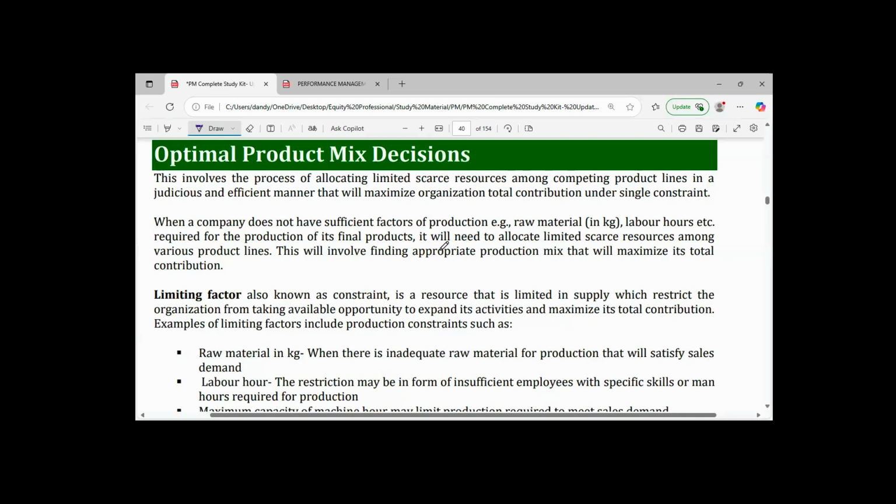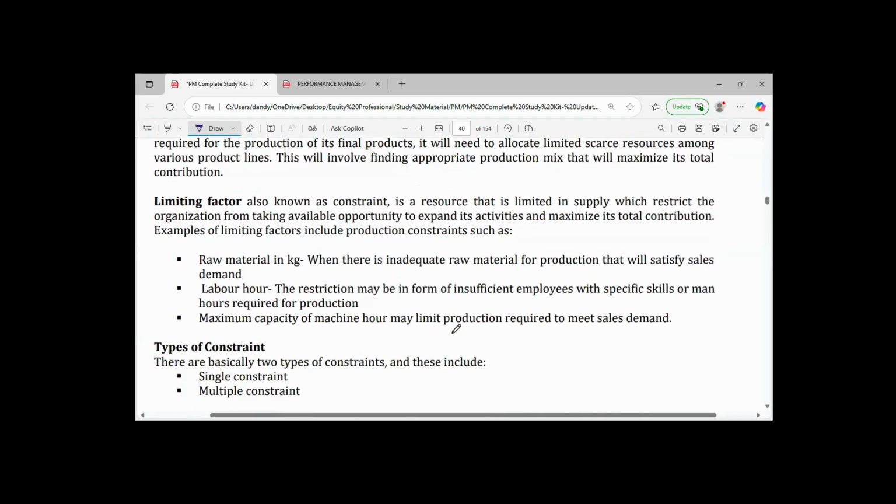When we get to linear programming, I will be telling you more. So let's focus on single constraint, which relates to this topic, optimal product mix decision. Like I mentioned, the resources we are talking about are material kilogram, labor hour, or machine time. Those are the resources required for production.